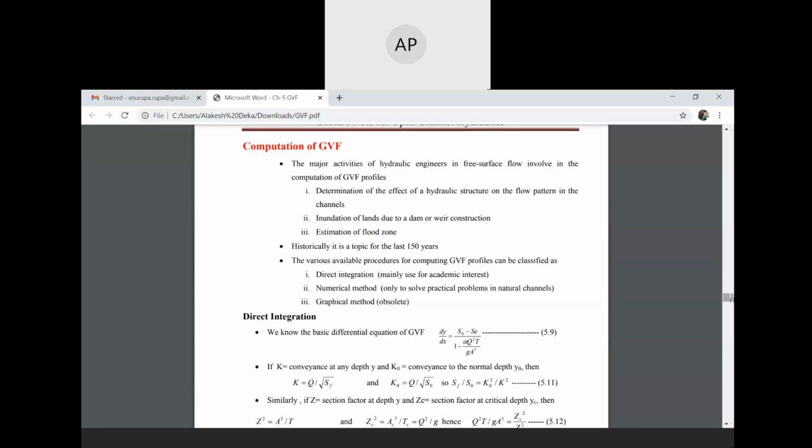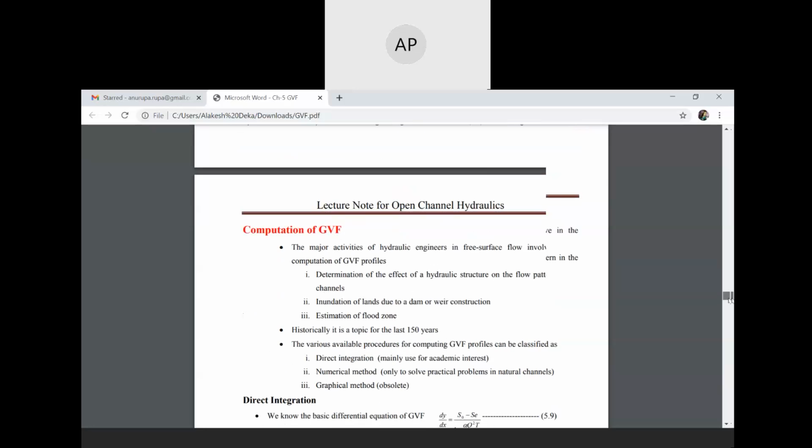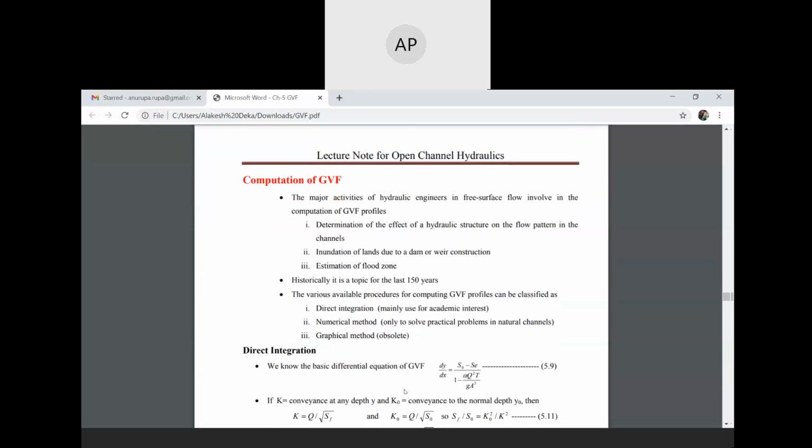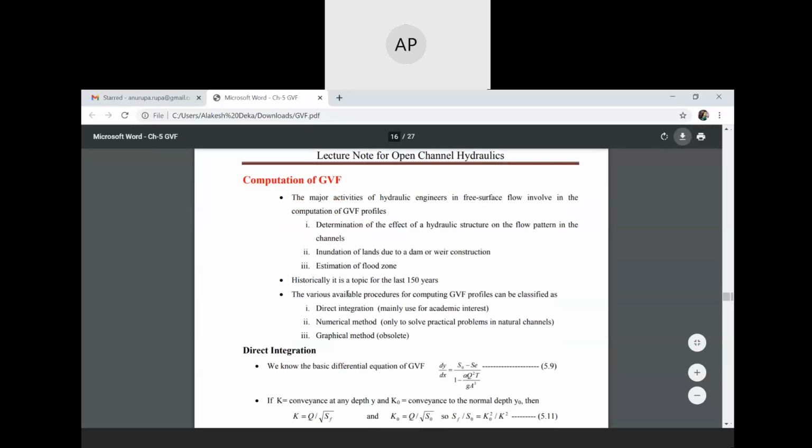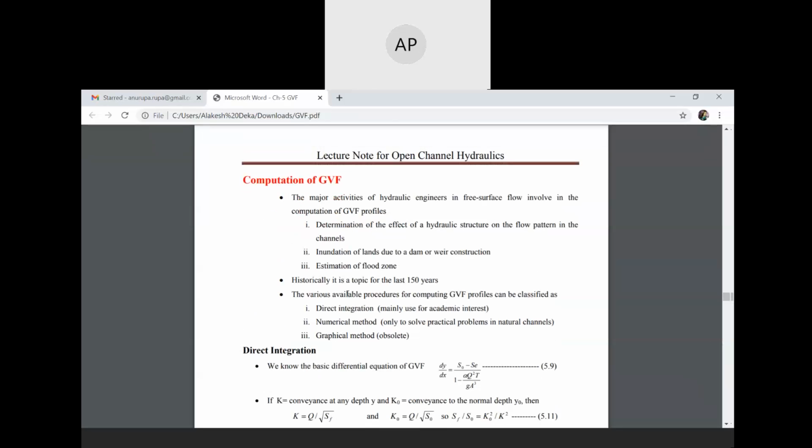Historically, it is a topic for the last 150 years. The various available procedures for computing GVF profile can be classified as direct integration, mainly used for academic interest. Number 2 is the numerical method, number 3 is the graphical method.